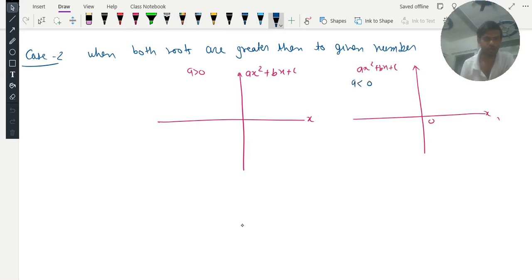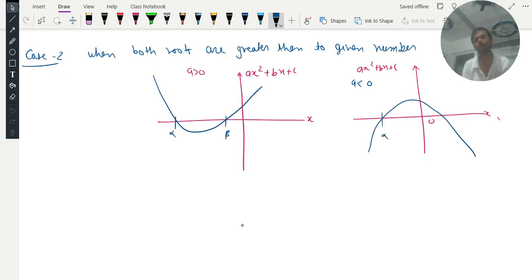When a is greater than 0, it means the parabola is upward, and this is alpha and this is beta. When a is less than 0, the parabola is downward, and this is alpha and this is beta. In this case also we have D greater than or equal to 0.